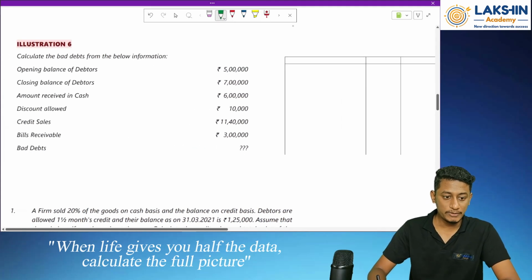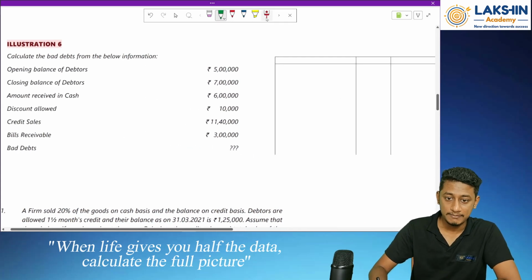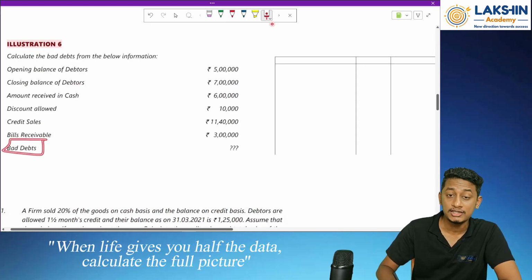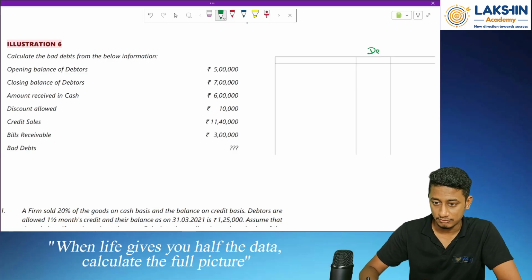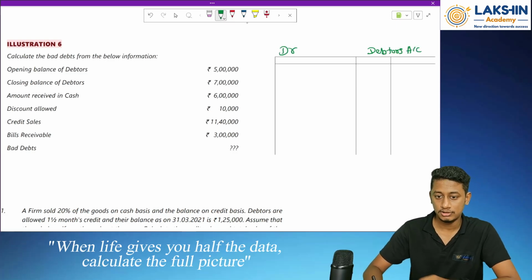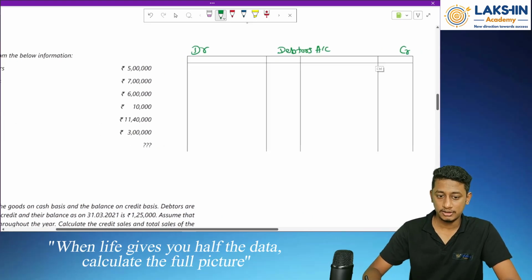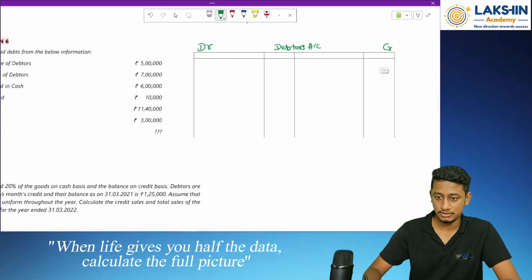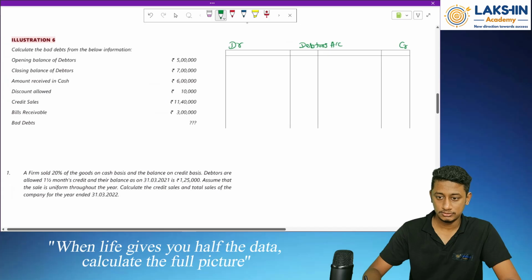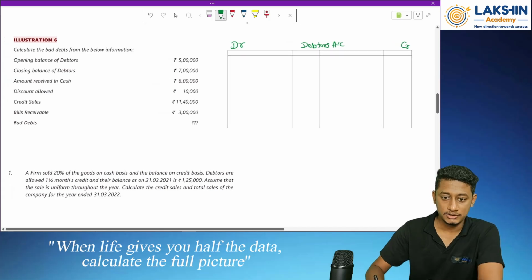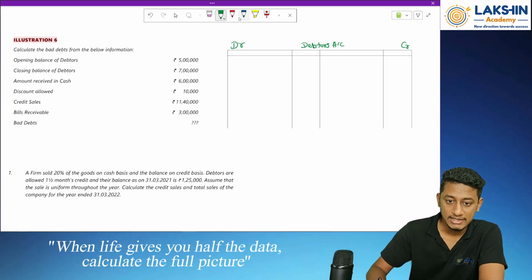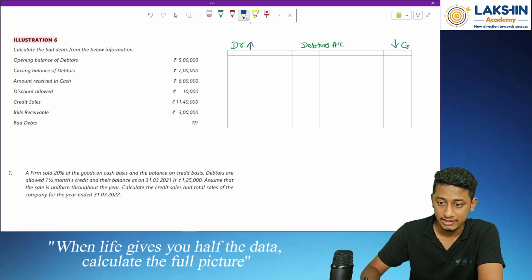Because the debtors balances are given and we know that bad debt comes up only in the debtors account, we will prepare the debtors account now. Debtors account, debit and credit. Let me zoom it out a bit. Now if I pass any entry on the debit side, it will increase the balance of the debtors, and if I pass any entry to the credit side, it will decrease the balance.